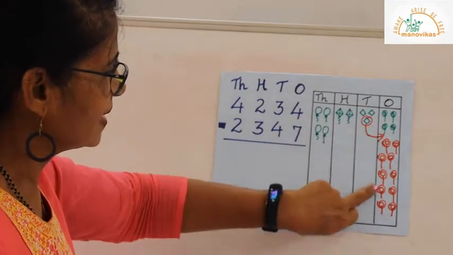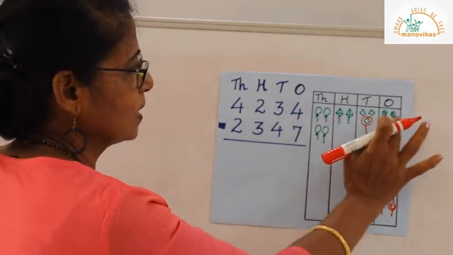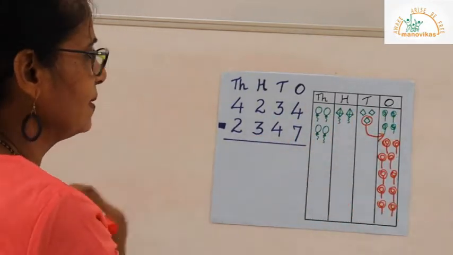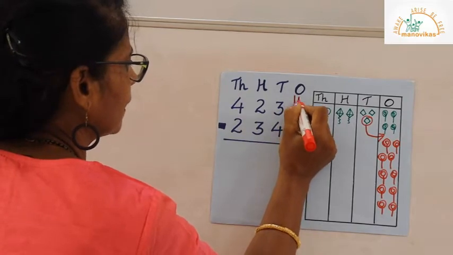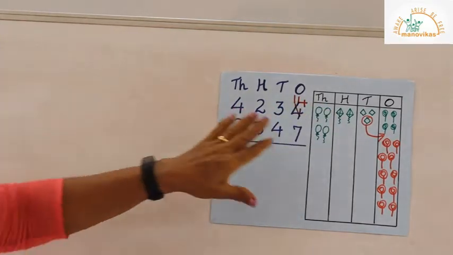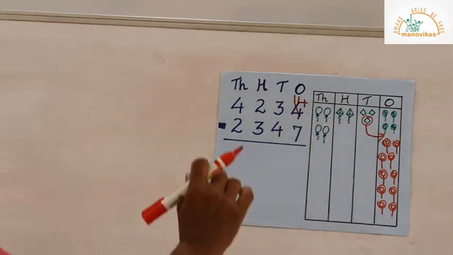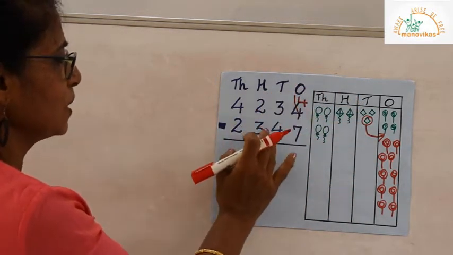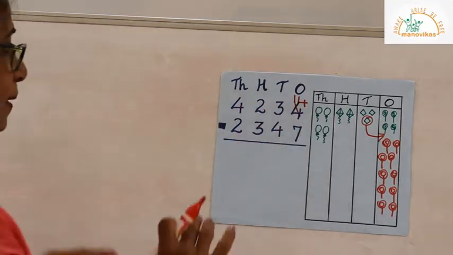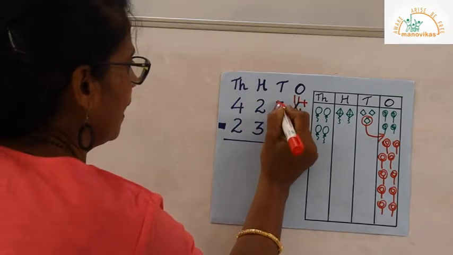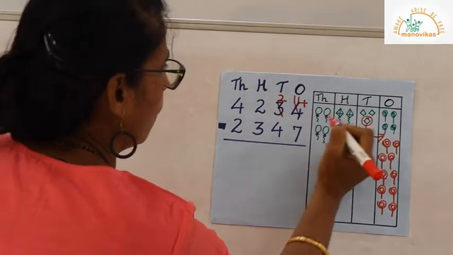So we have 10 lollipops here, and the number in the ones place is 4. So 4 plus 10 gives us 14, because we have borrowed from the tens place. Now the similar situation is in the tens place because 4 is a bigger number and 3 is actually 2, because we are giving away 1.